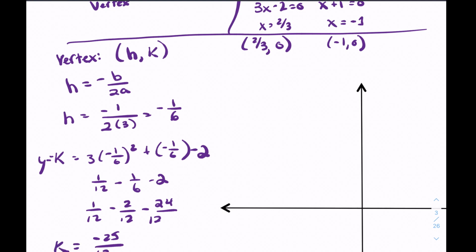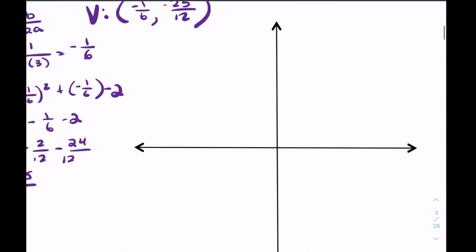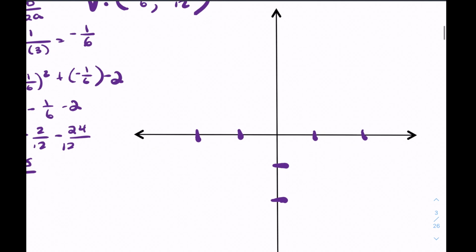So my vertex in this case is going to be negative 1/6, comma, negative 25/12, which is a little more than negative 2. So I'm going to mark these off. 1, 2, and a little more.